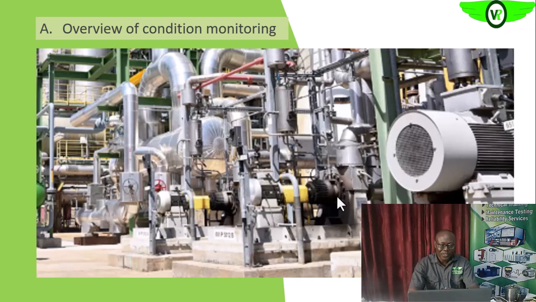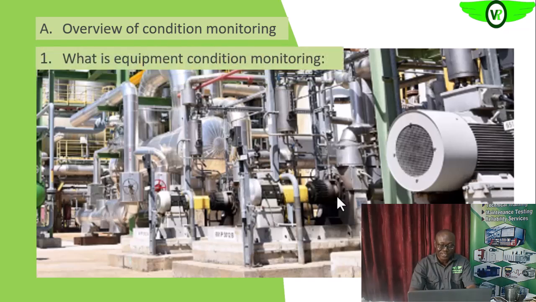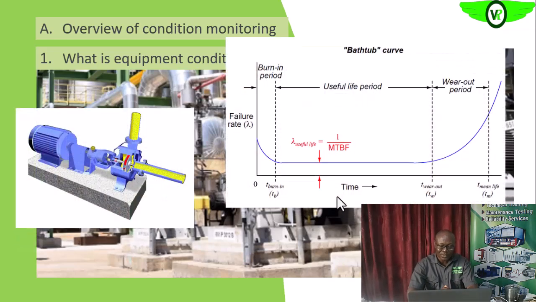So that is in essence what equipment condition monitoring is. We monitor a particular parameter to give us the condition of the equipment. So we are going to look at the equipment condition.